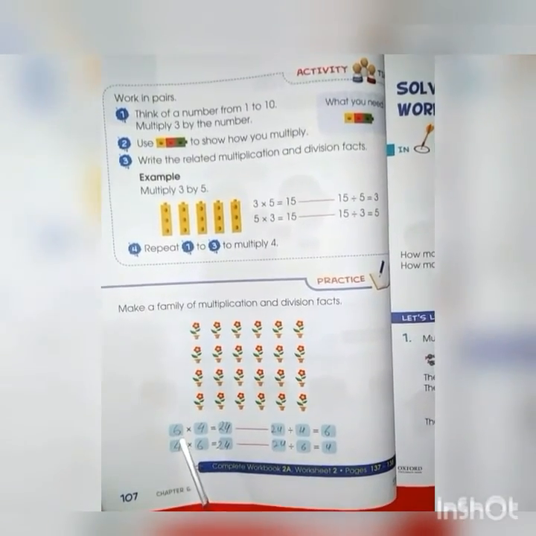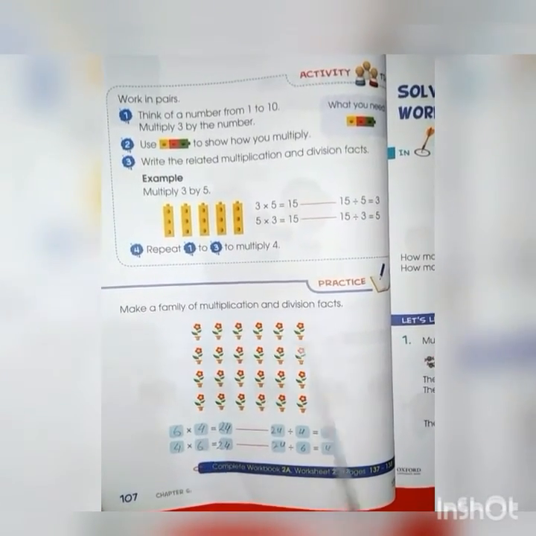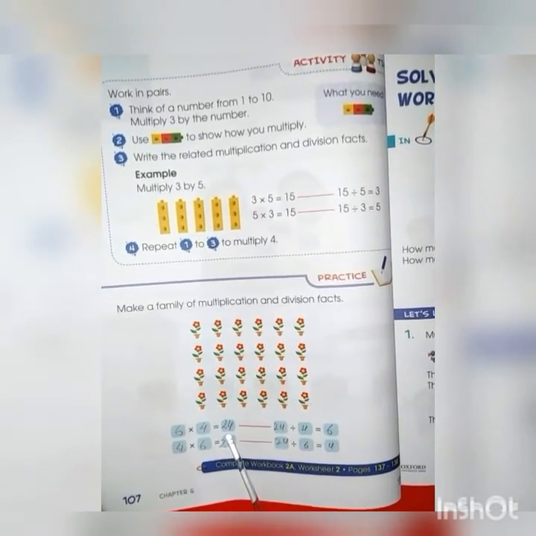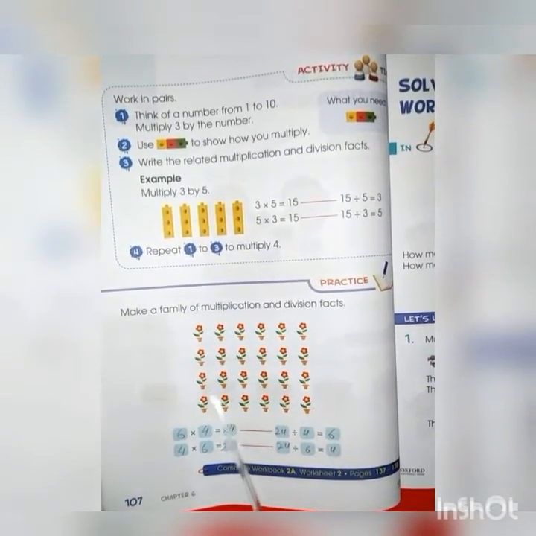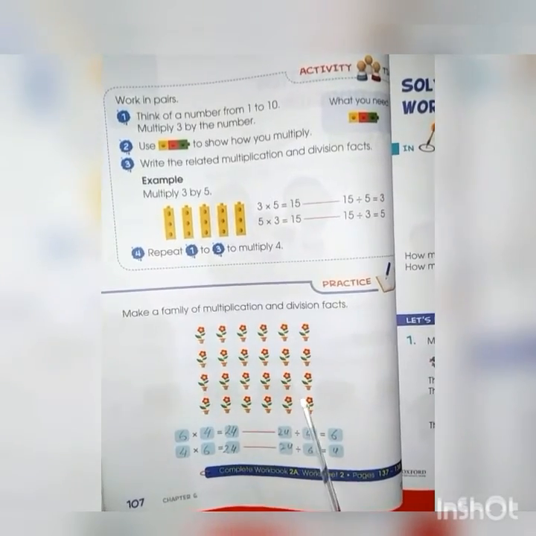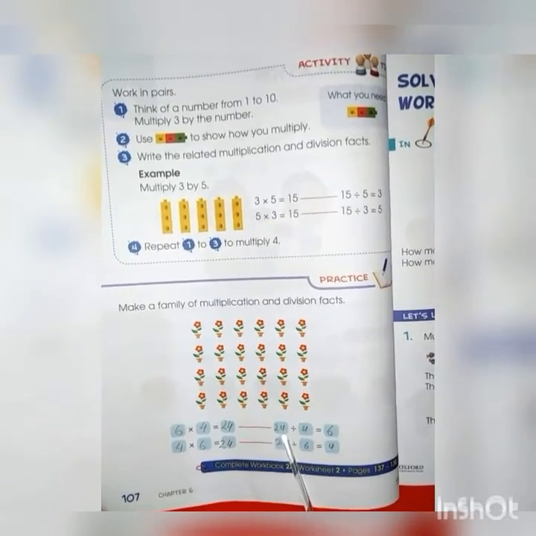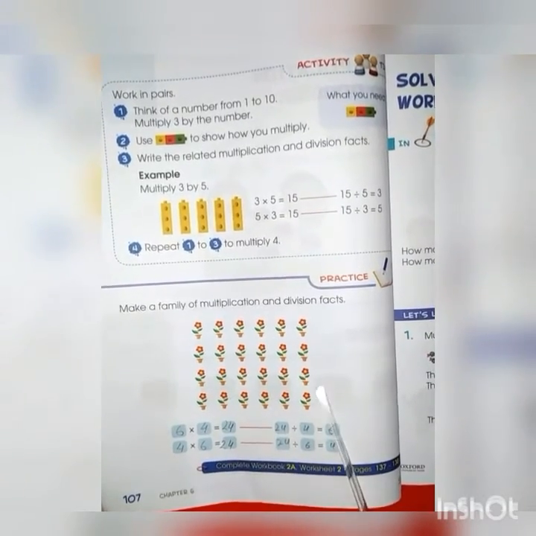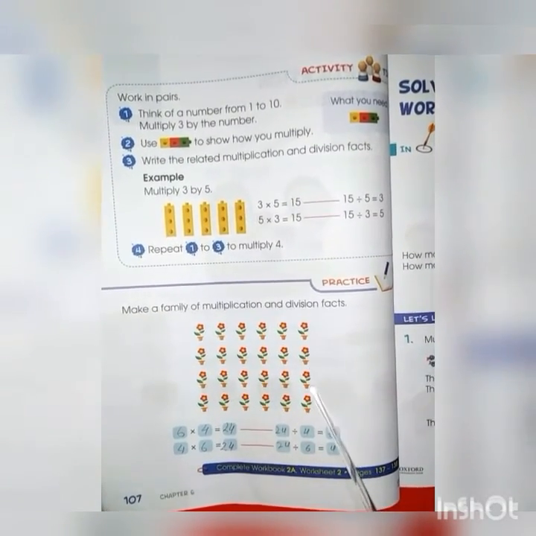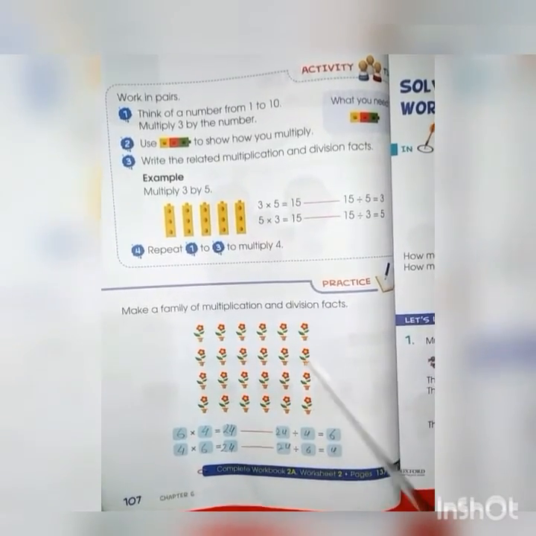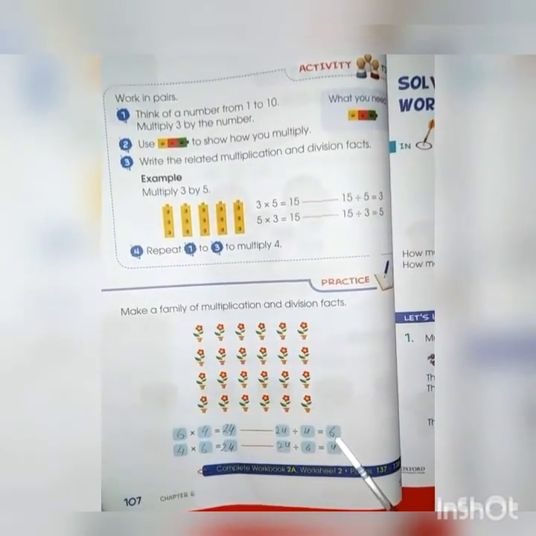When we multiply 6 with 4 groups, then we will get 24 and in total we have 24 flower pots. 6 fours are 24. If we divide 24 flower pots by 4 groups, we will get 6. It means that in each group there are 6 flower pots.